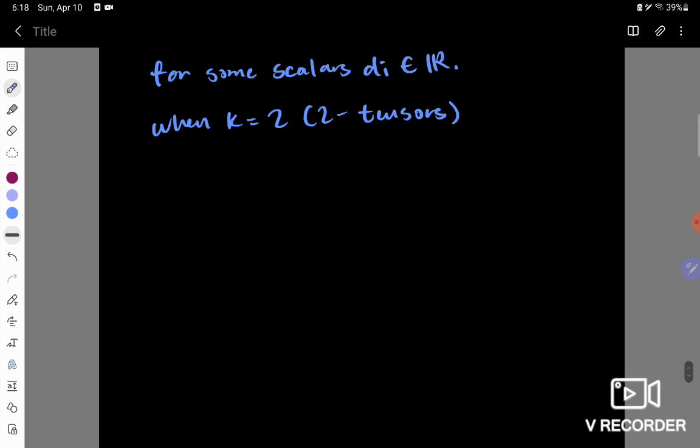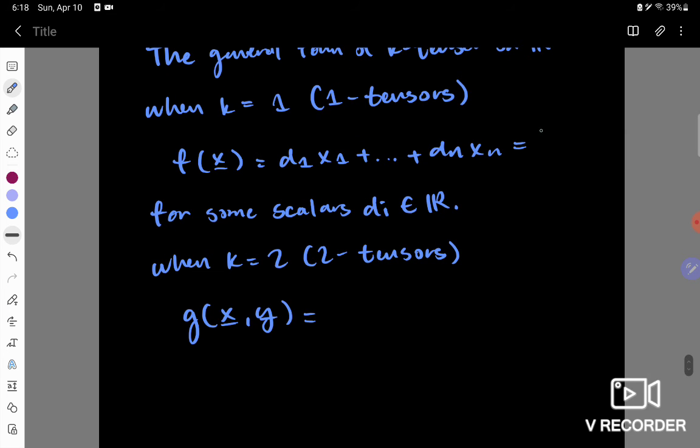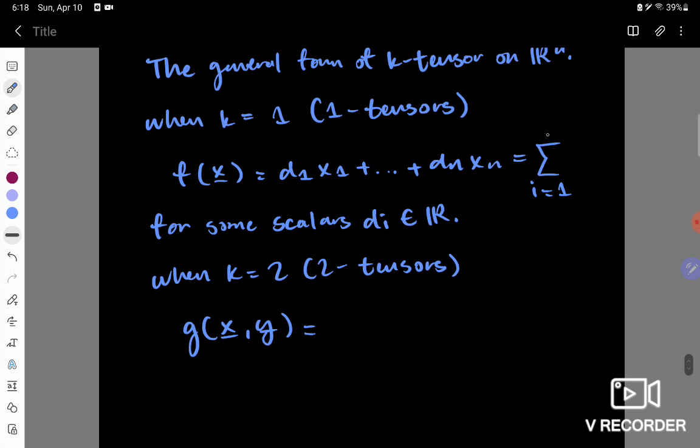We have, let's say now, g, and let's express it in terms of x, y, as the general Euclidean convention goes. It'll equal now sums of the form, whereas we could write this as maybe a sum over, let's say, i is a safe index to use now, i equals 1 to n of d sub i x sub i. Now we have scalars that are going to be indexed in the k equals 2 case by 2 indices.